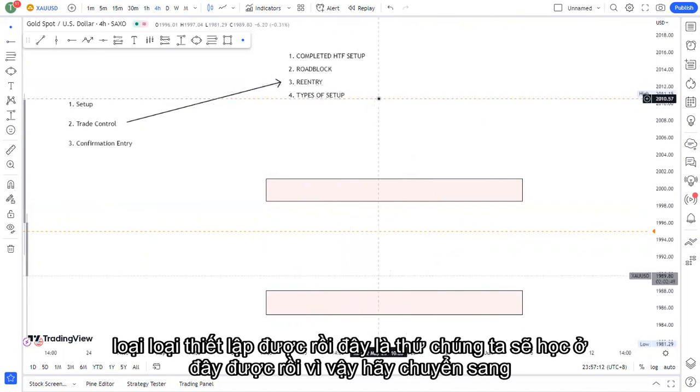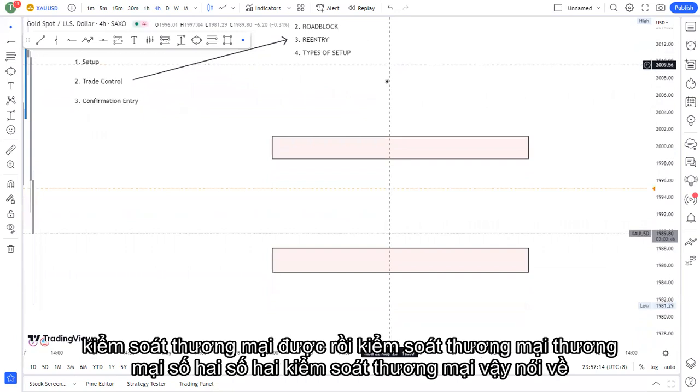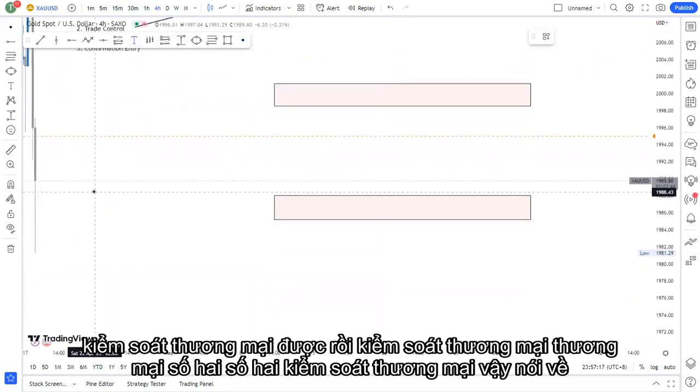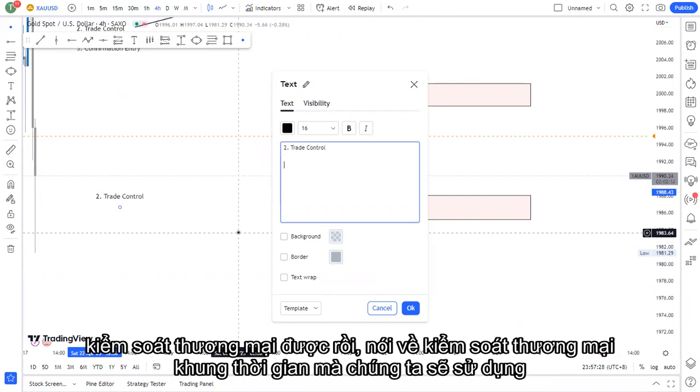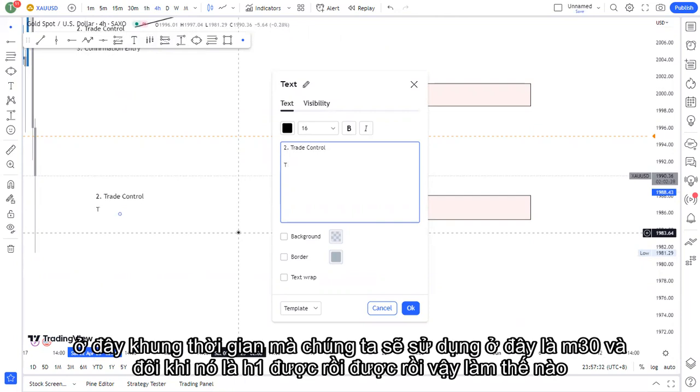So let's move to trade control. Okay, trade control, trade number two. The time frame that we are going to use here is M30, and sometimes it's on H1.